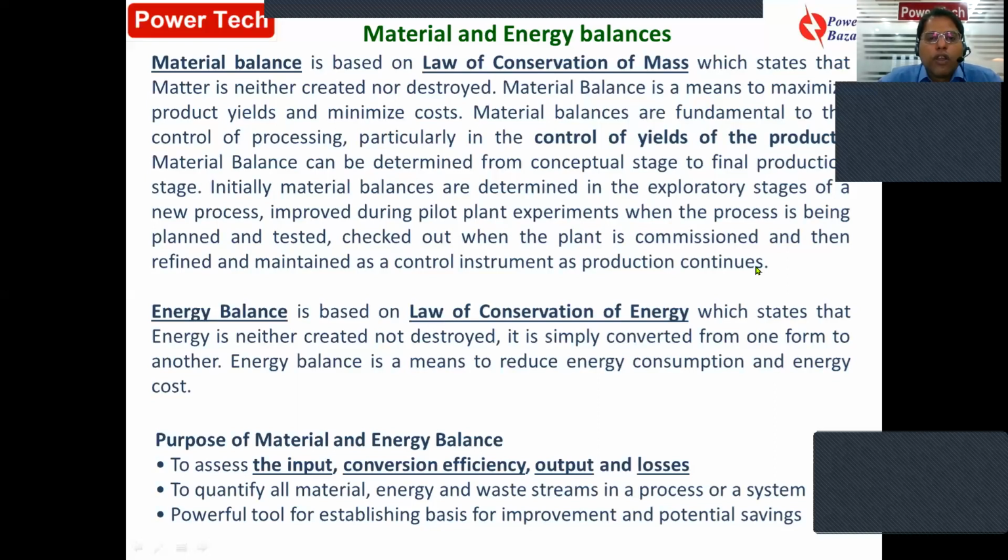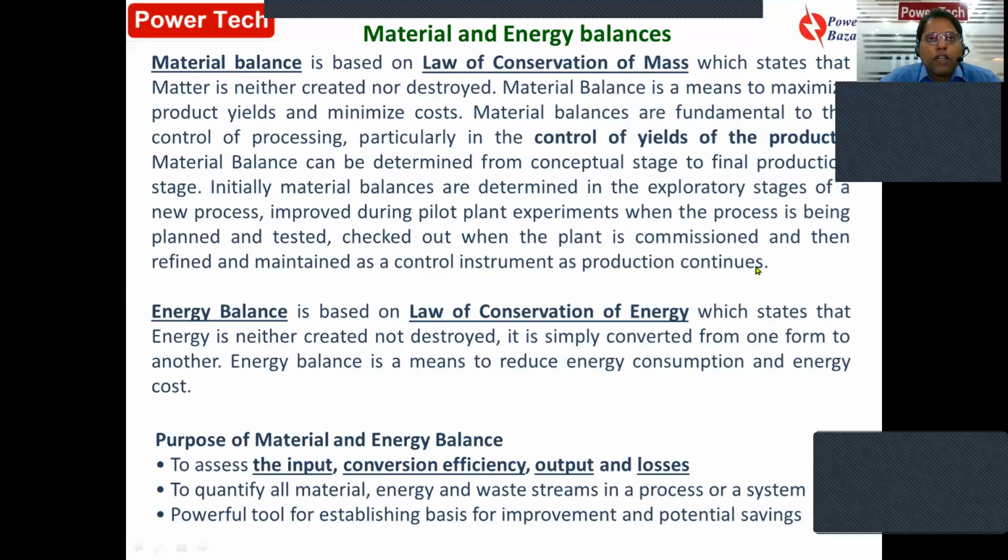It means material balance you cannot analyze in one go. During the designing stage, you come up with a material balance. Yes, this will be the input material, this will be the output material, this much loss will be there, this much material will be evaporated, and this will be my product yield. Then you run a pilot project and see how the material balance is behaving, and it is again fine-tuned. Then, when the plant is commissioned, again the material balance keeps on changing.